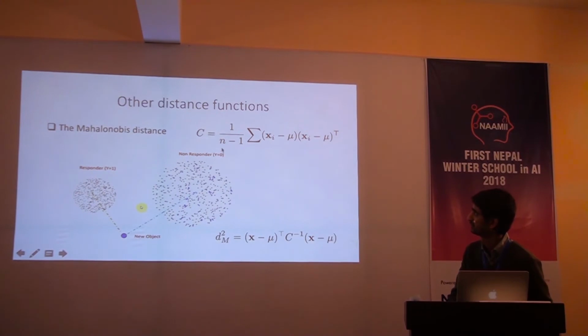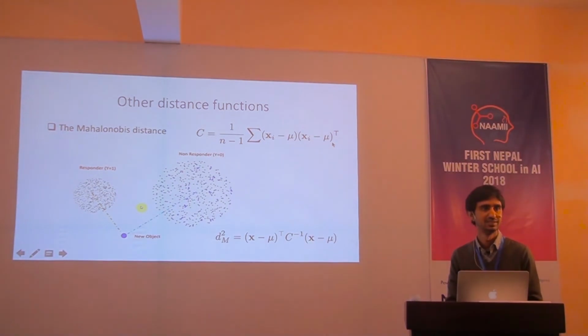So here, you first define something called the covariance matrix. For each point in a cluster, you measure the distance from the point to the centroid, multiply by its transpose, and sum them up. What happens is that for this cluster, this distance becomes high.